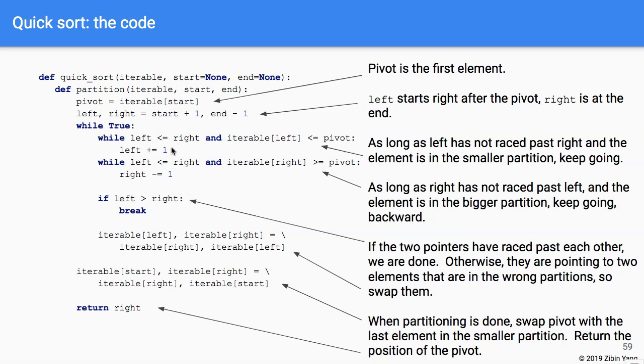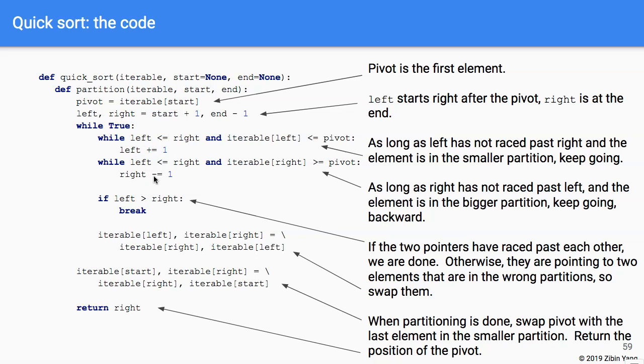Just remember, the goal, at least for the left pointer, is that we keep moving it as long as it has not passed the right pointer, and also as long as the element of the input at the left pointer is in the right place, right? As long as it's less than or equal to the pivot. So we keep moving it until we hit either of these two conditions.